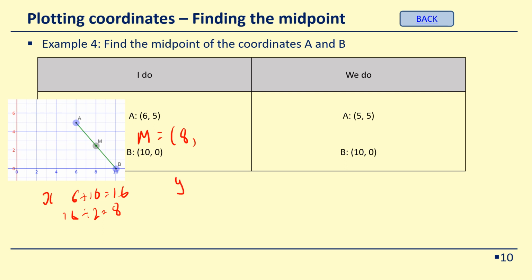So for the y's, now you might think, oh, what do they do, you just do the same thing. 5 add 0 is 5. 5 divided by 2 is 2.5. And there's 8, 2.5, okay.